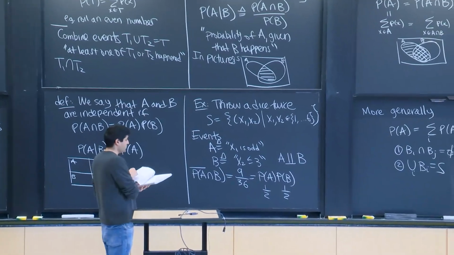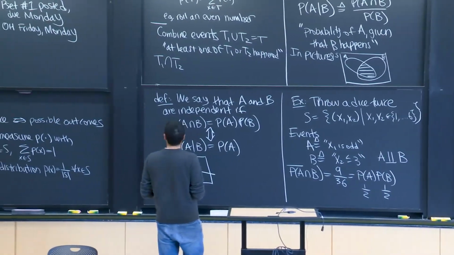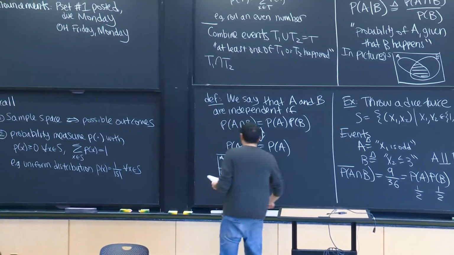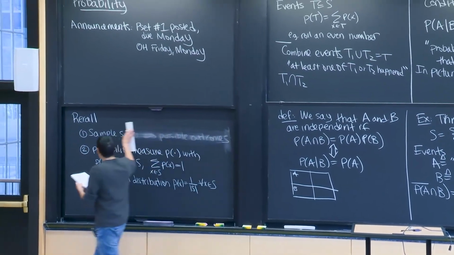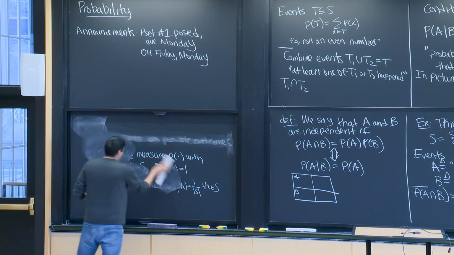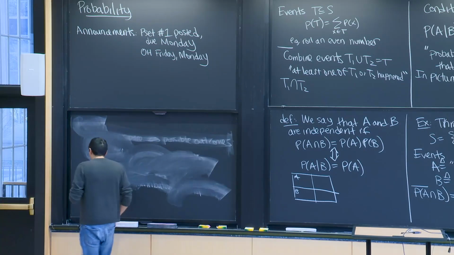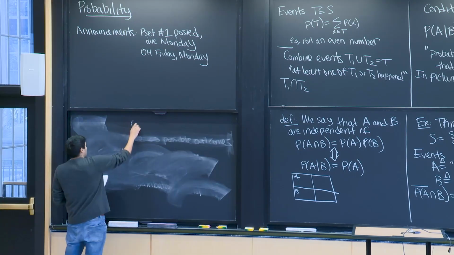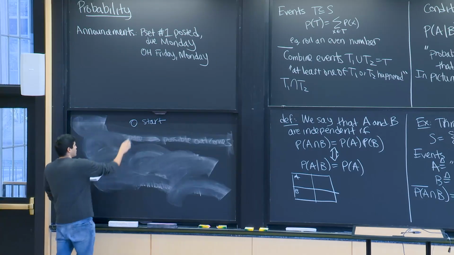So let's go back to visualizing these things. I want to try to make these things as intuitive as possible. In fact, there's a clever way to think about them using a diagram, which I find very helpful. We can think about our random process as really taking some sort of path in a tree.